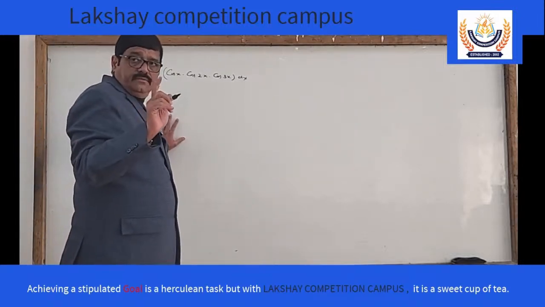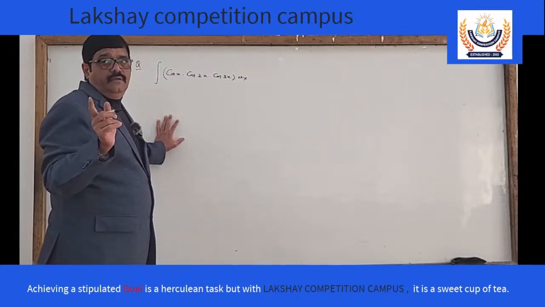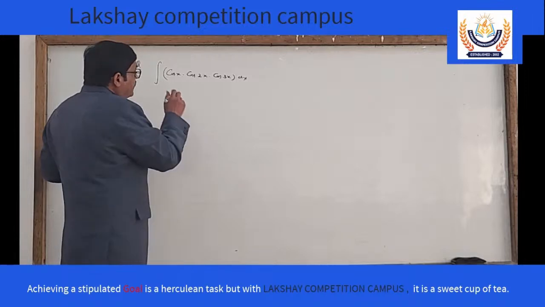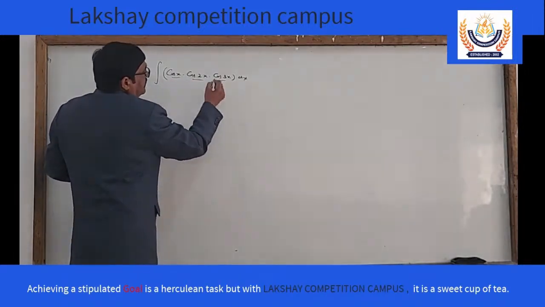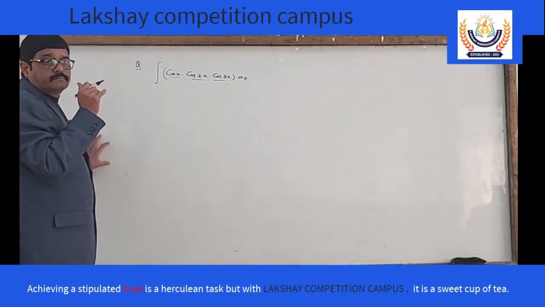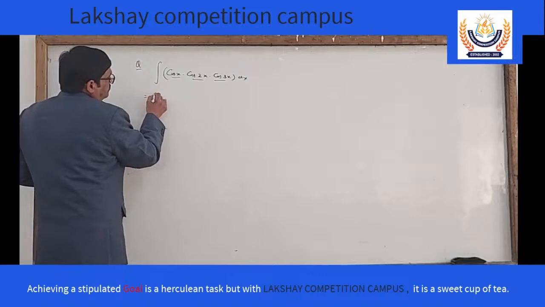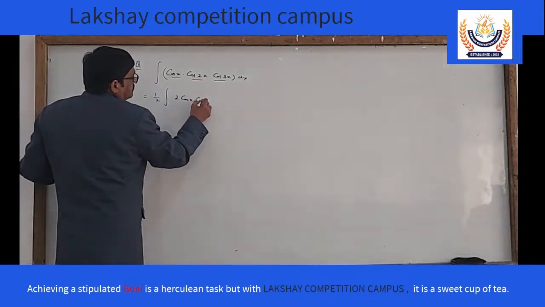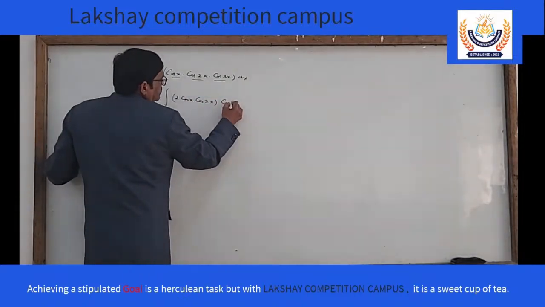We do integration by parts for a product. But here there are cos x, cos 2x, cos 3x, so you apply trigonometry. Multiply and divide by 2 and convert into a formula: 2 cos x cos 2x cos 3x.